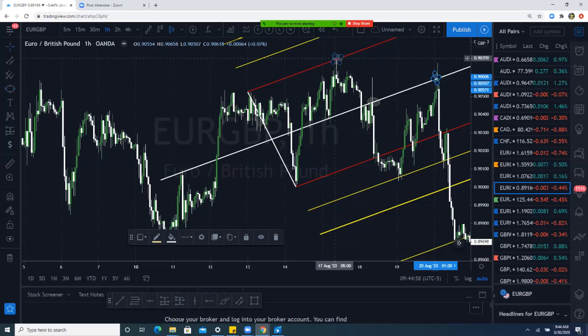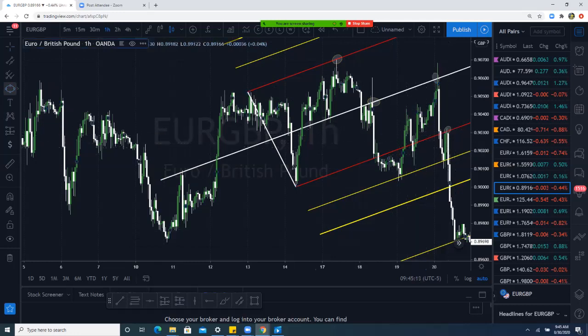And I only made sure that it lined up here. And the nature of pitchforks is to be like Fibonacci and trend lines put together. See, price respected here perfectly. And price respected here. Price respected here. And you can literally just keep going with pitchforks.